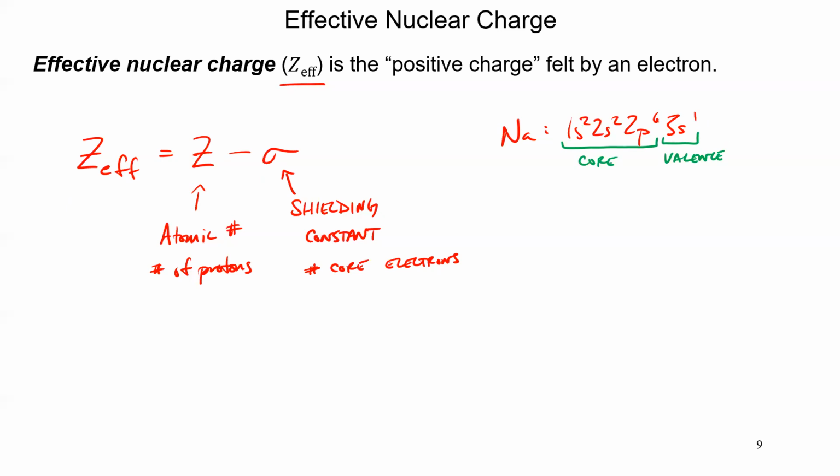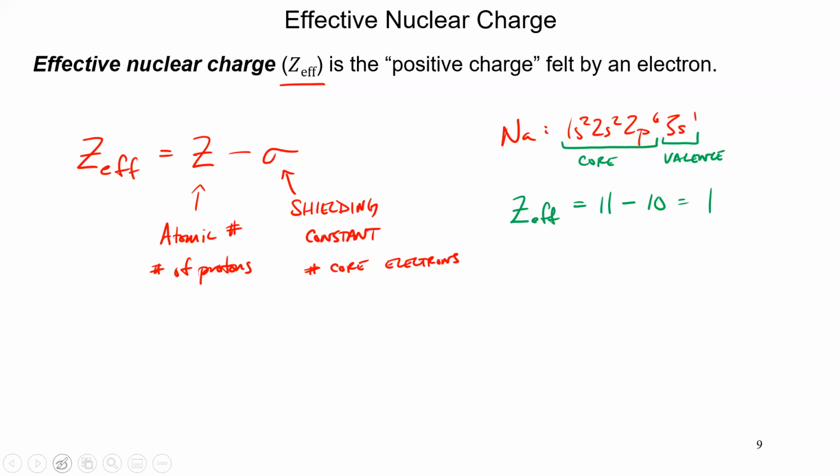Sodium has 11 electrons. That means it has how many protons? 11. And so the Z effective for sodium is 11 minus these 10 core electrons.